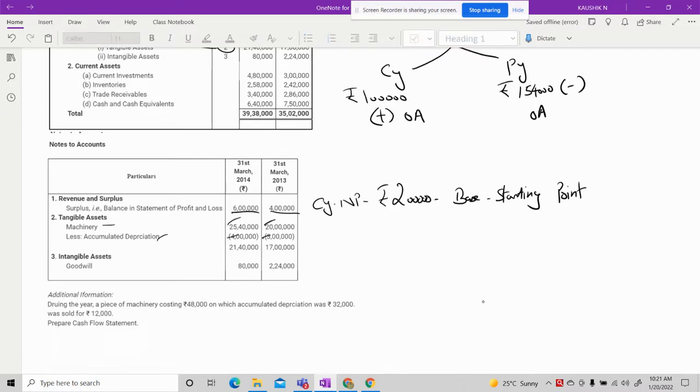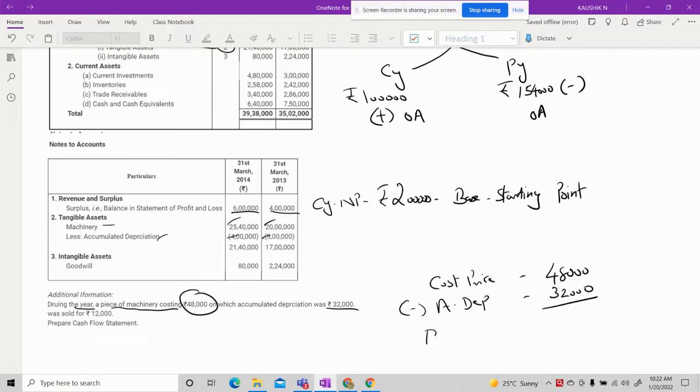Yes, in the additional information it is mentioned very clearly that during the year a piece of machinery costing 48,000, that means the cost price is given as rupees 48,000, on which the accumulated depreciation was 32,000.